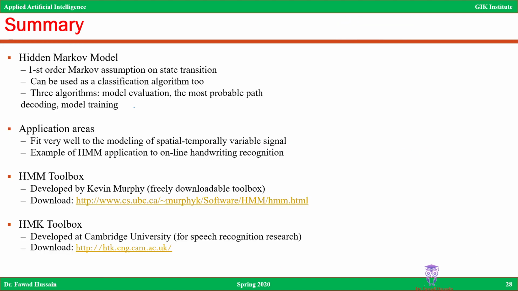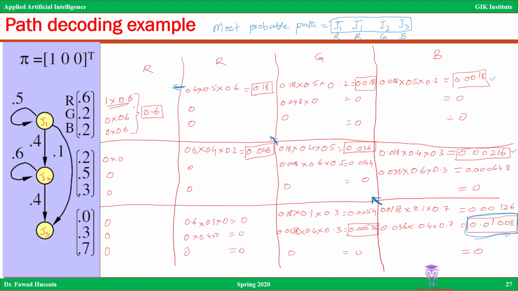So in summary, what we studied here was the hidden Markov model, and it uses the first order Markov assumption on the state transition. It means that the current state is only dependent on the previous state, which we can see here.